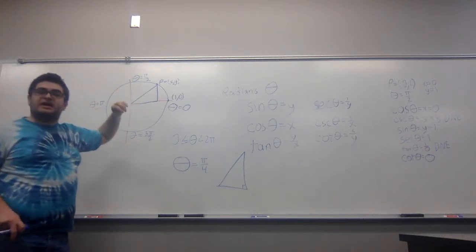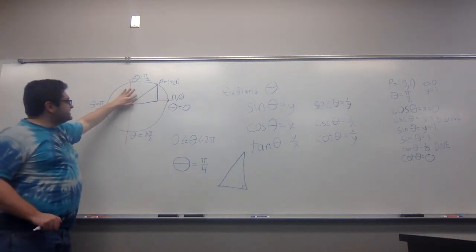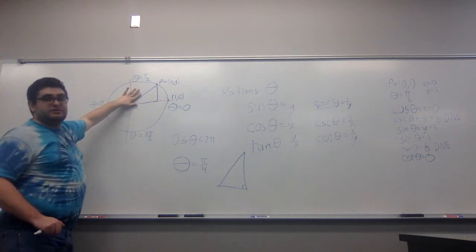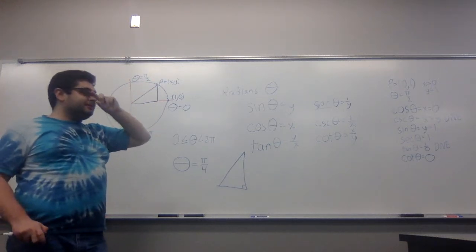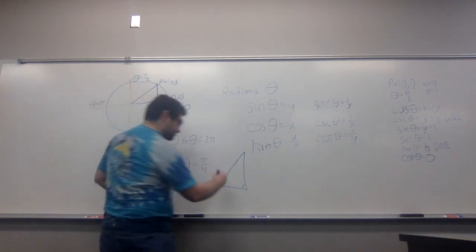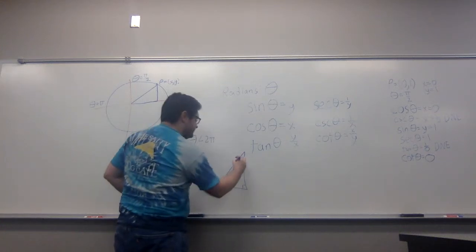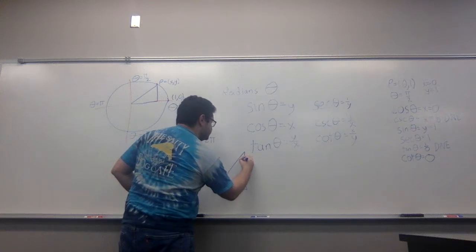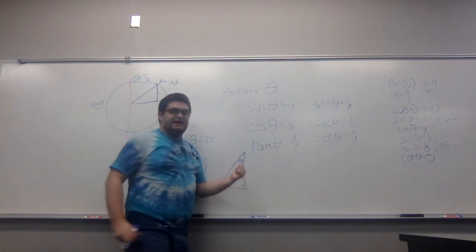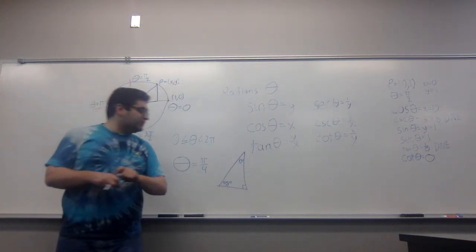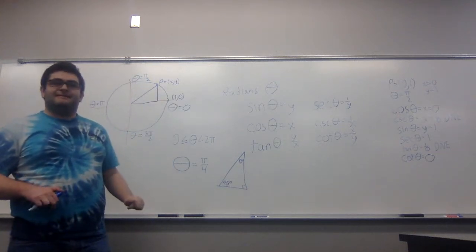Yeah, that's a 90-degree angle. So what do you guys think the angle right here would be? Exactly, that's 45 degrees. So right here will be 45 degrees, and that means that right here also has to be 45 degrees. And we've got ourselves a fun little 45, 45, 90 triangle.